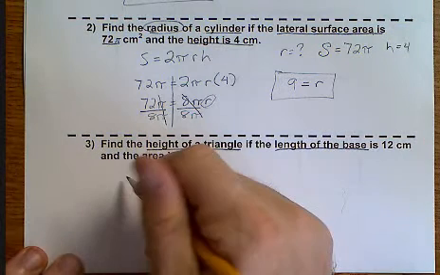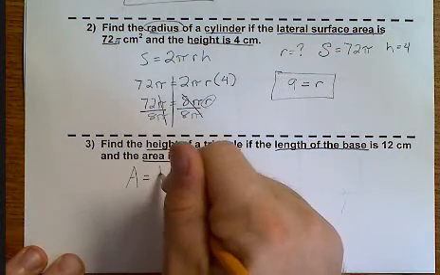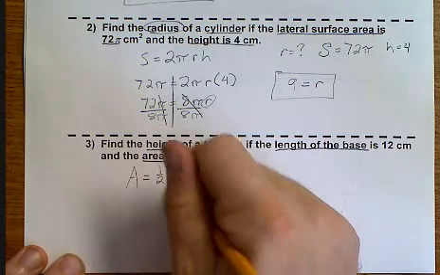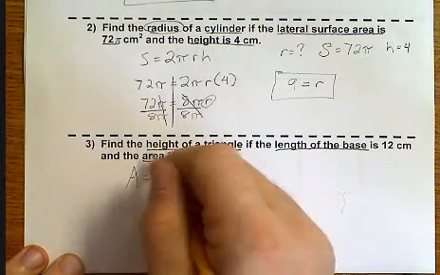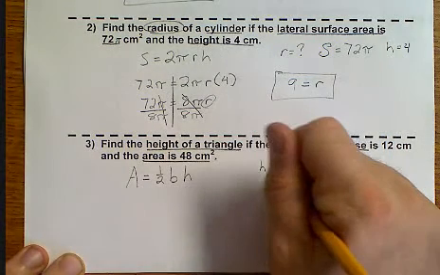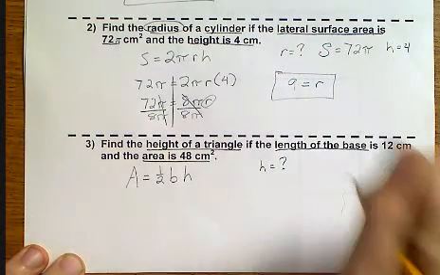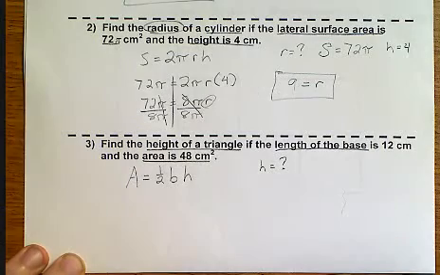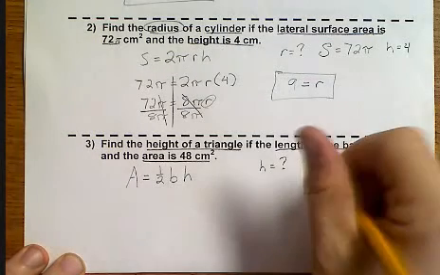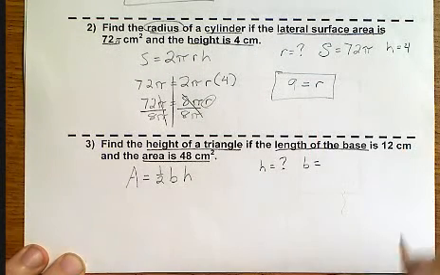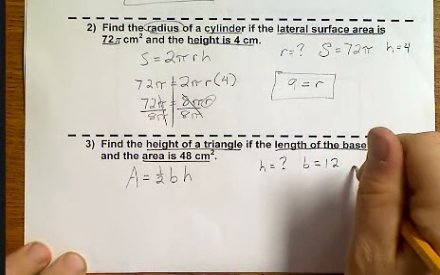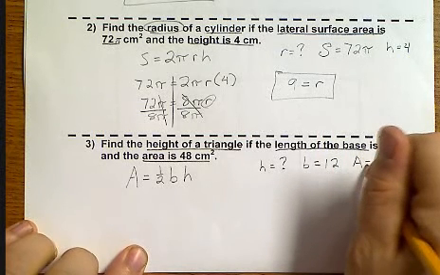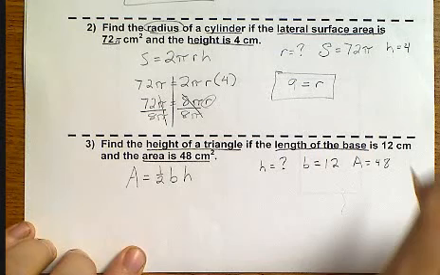So I write A equals 1/2 BH. It says find the height. So we don't know what our height is. It says the length of the base, that would be B for base, is 12. And area, that would be A, is 48.